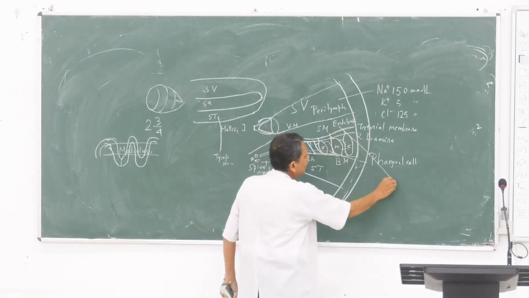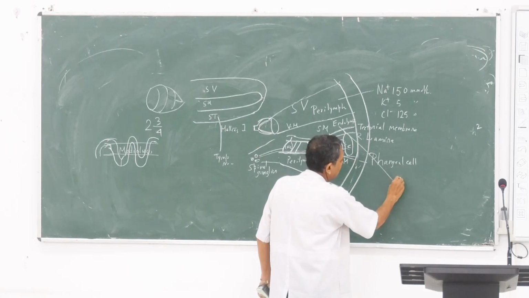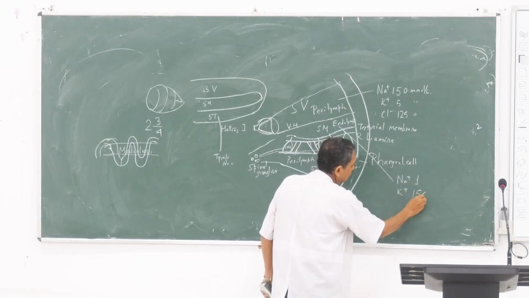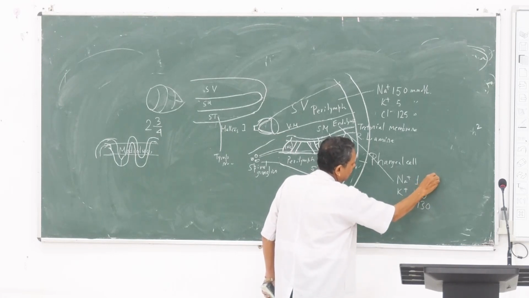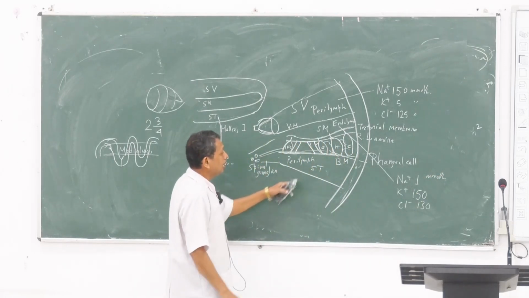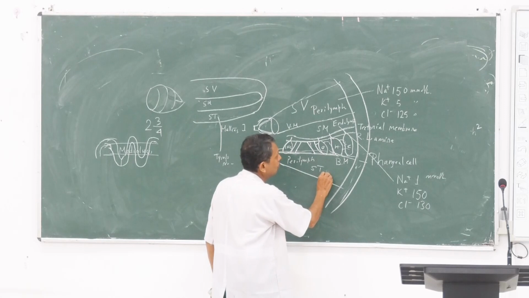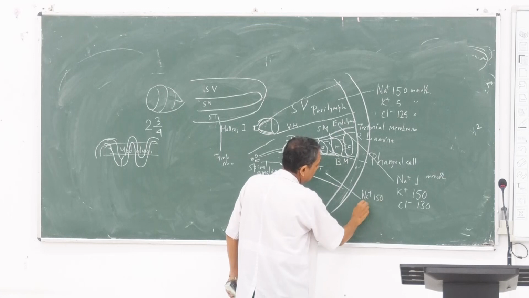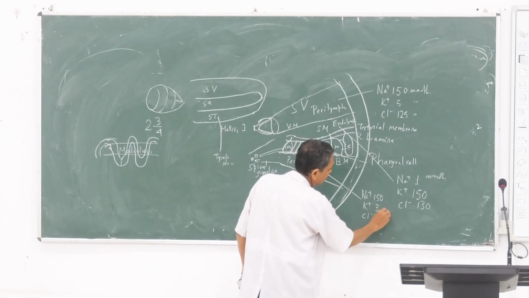It is potassium rich, with potassium 150 and chloride concentration 130 millimole per liter. The scala tympani has values similar to the perilymph: sodium 150, potassium 3 millimole per liter.